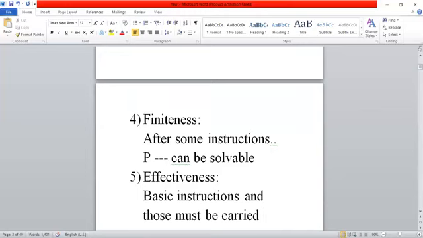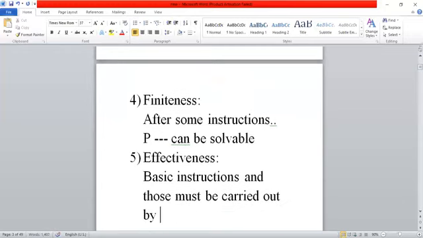All the instructions can be carried out by a human or developer, by taking pen and paper, to calculate time complexity or space complexity.